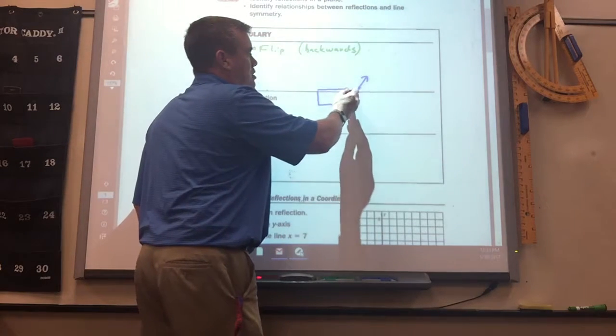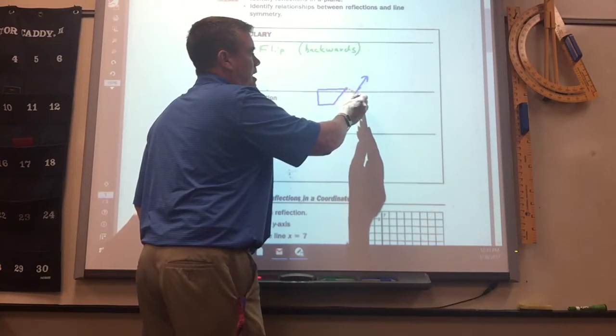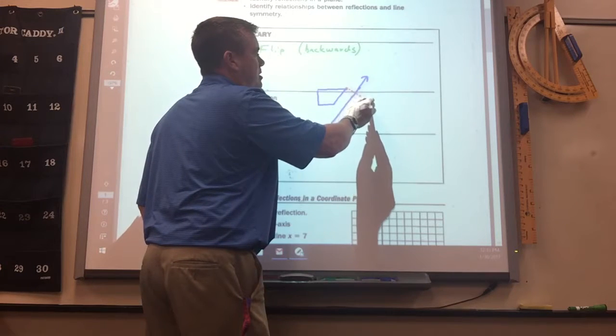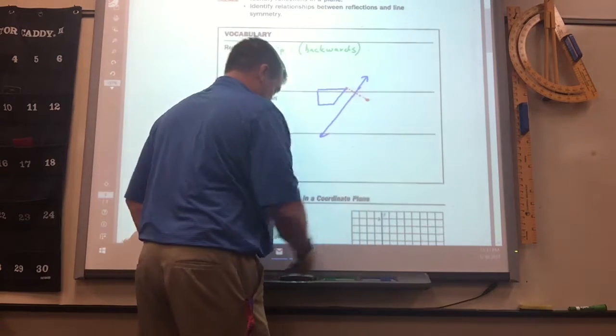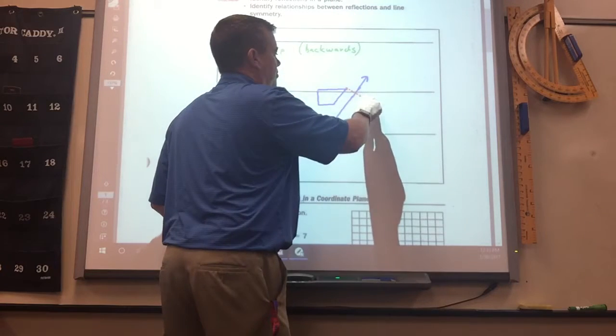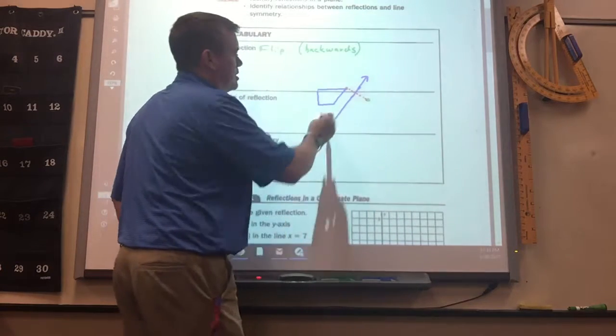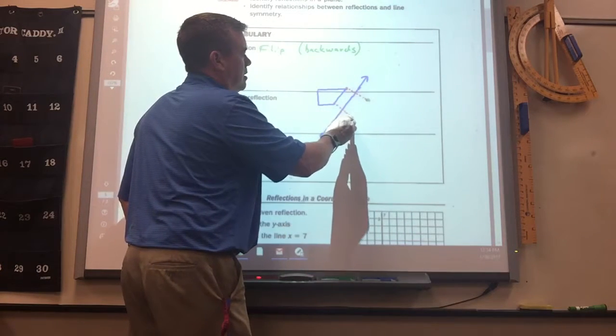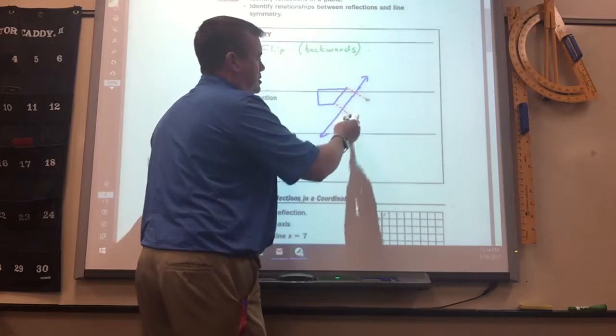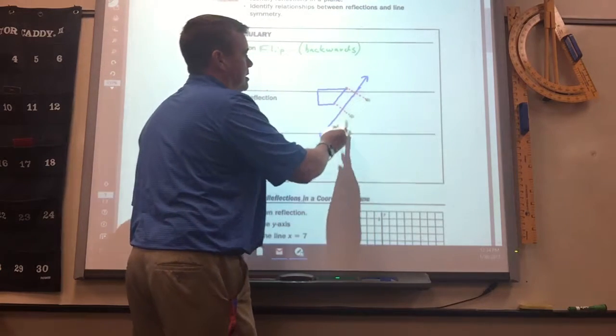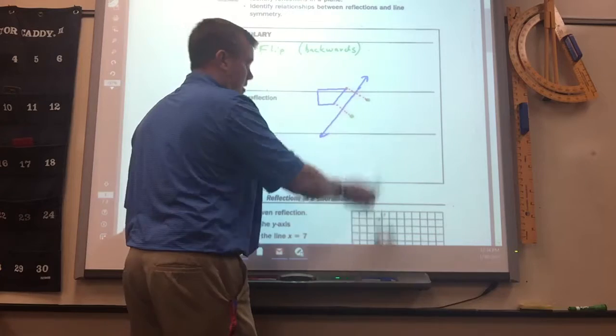So what you want to do is you want to go at a 90-degree to it, and you go on the same side, the same distance, and put a point. So then this one, go across the same distance, and again, it's just an estimate when we're sketching. But that looks like that would fold onto there.